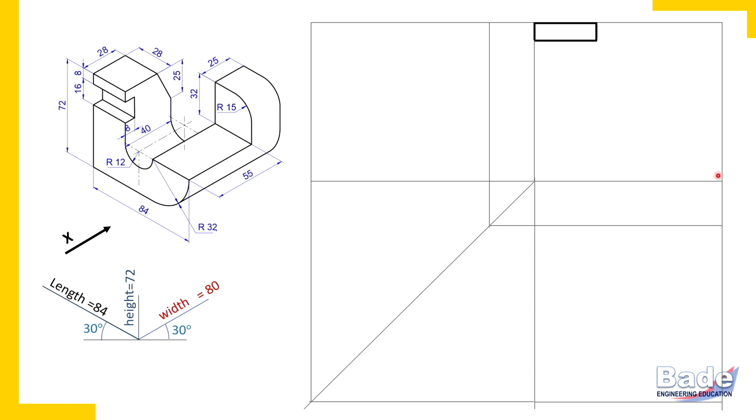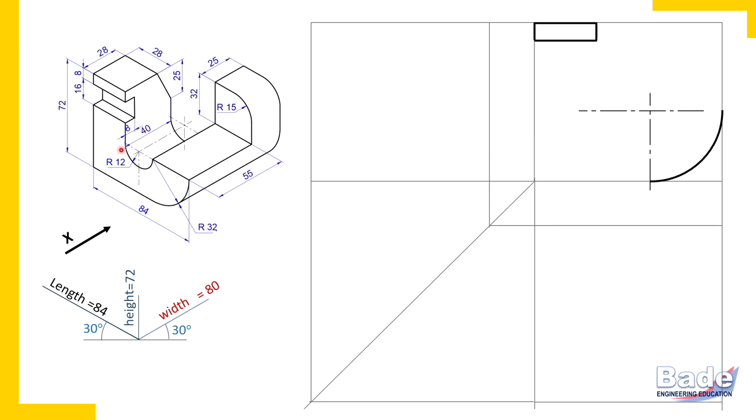Watch here. 32, this is the center line to locate the center, and 32 parallel to height, and draw the center line. So this is how we have located the center. Now with this center, radius 32, complete the quarter circular arc.